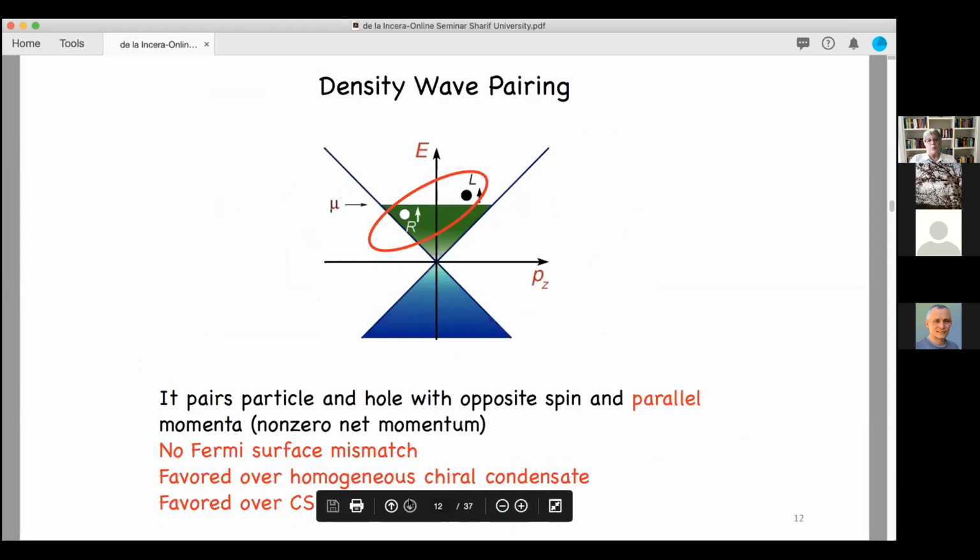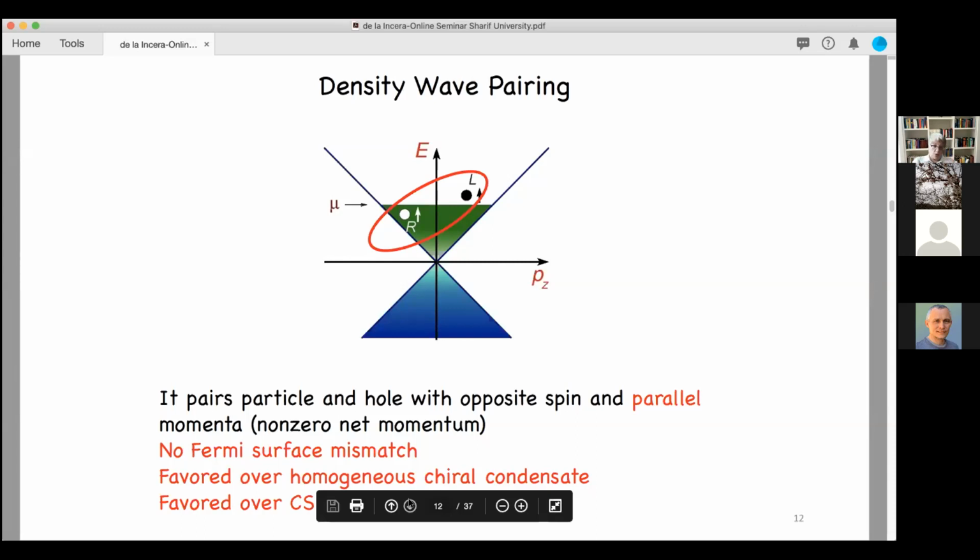The other type of pairing, and this is the one that I will concentrate on for the rest of my talk, is the density wave pairing. That is a pairing that also occurs at the Fermi surface, between a quark and a hole. And because it's a quark and a hole, you don't have a Fermi surface mismatch between them. This pairing is for a quark and a hole of the same momentum, so the momentum is non-zero.